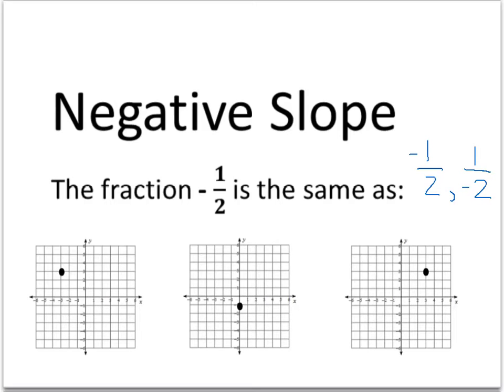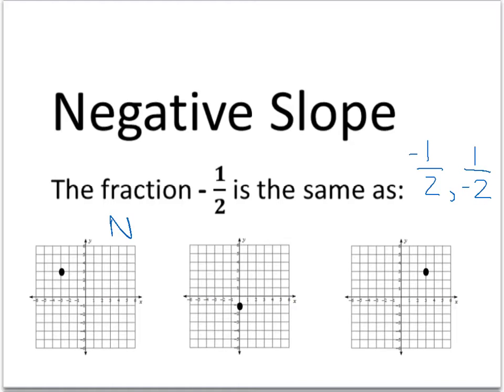A negative divided by a positive is a negative. A positive divided by a negative is a negative. It doesn't matter whether your negative is in the numerator or denominator. A negative divided by a positive is always negative. So negative 1/2 is the same as either of those two.